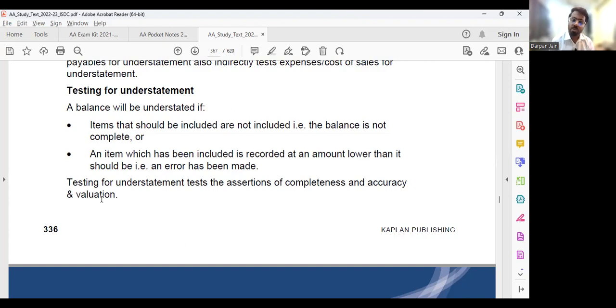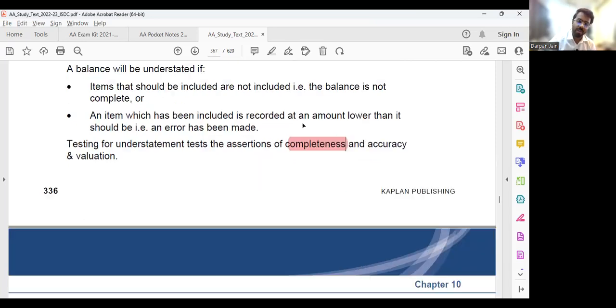So what are you testing? You're testing the assertion of completeness here. There you were checking for existence and occurrence, here you're checking for completeness. Accuracy and valuation remains the same for both of them. You don't have to remember that.